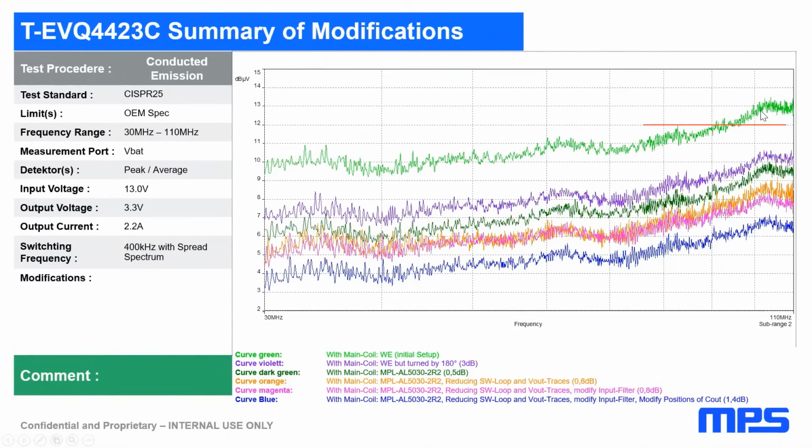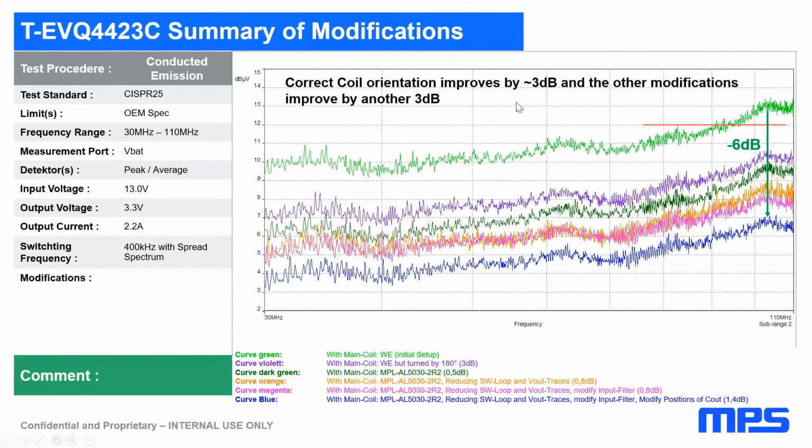From the initial step we get 3 dB for turning the inductor, and the other modifications in total gain another 3 dB. So in total, all these improvements give 6 dB lower noise level in the high frequency range.